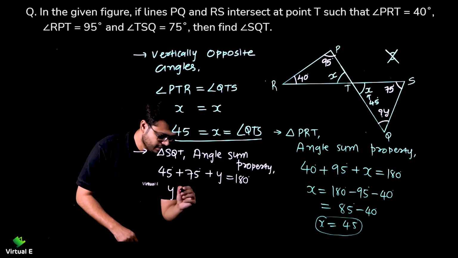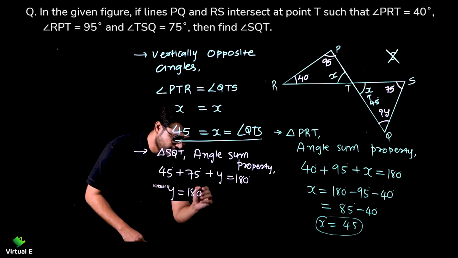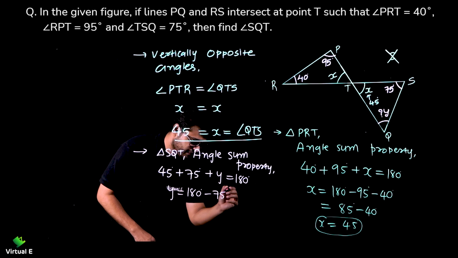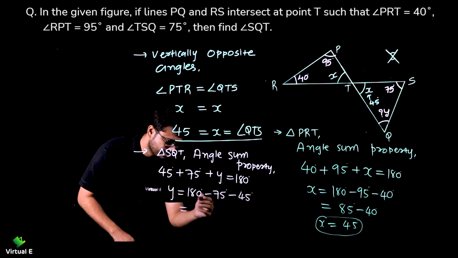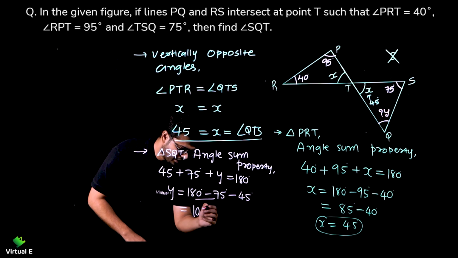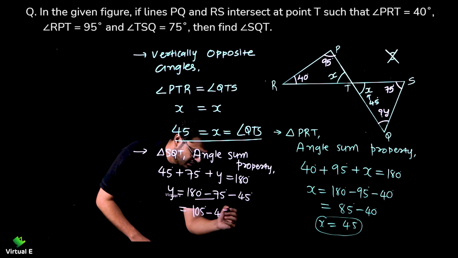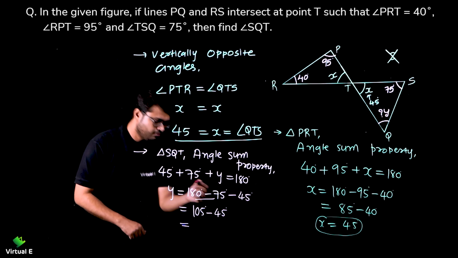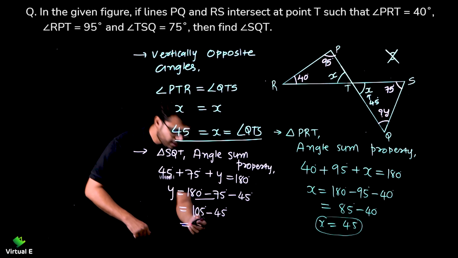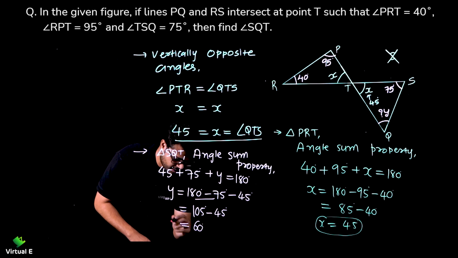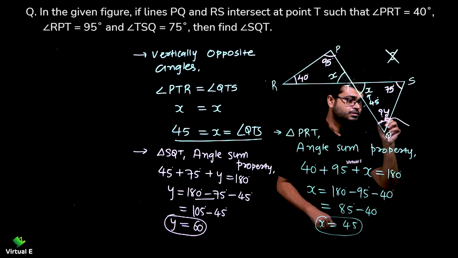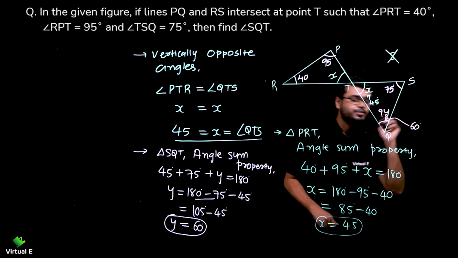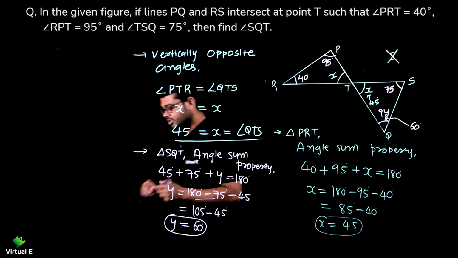So y is equal to 180 degrees minus 75 minus 45. If you subtract these two, you are going to get 105 degrees minus 45. So what are we going to have here? 60 degrees. So y is equal to 60 degrees. So this angle is 60 degrees. Simple question it is, right?